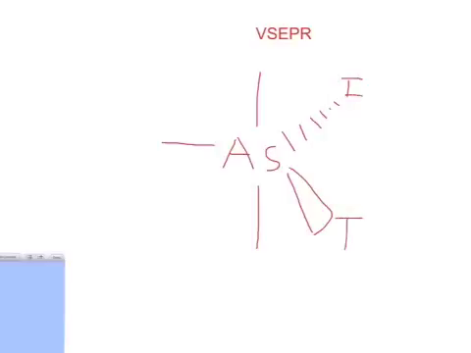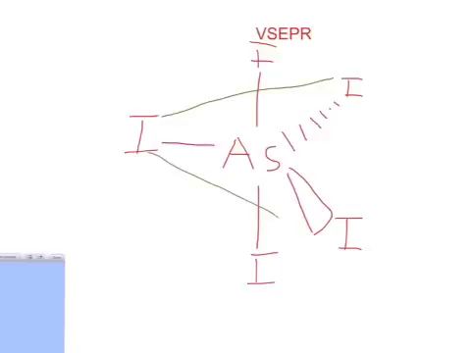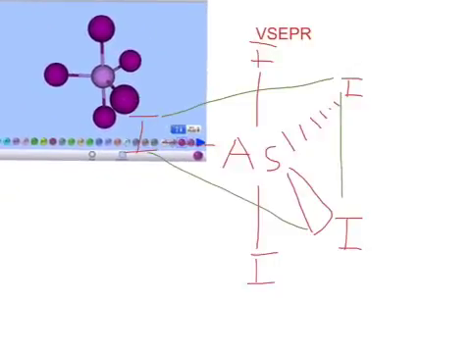Fill in the iodine. To show these 3 iodine are on the same plane, I will connect them and create a triangle. If you want to see it in a 3D model, I have one right here, and they are these 3 right here, all on the same plane.